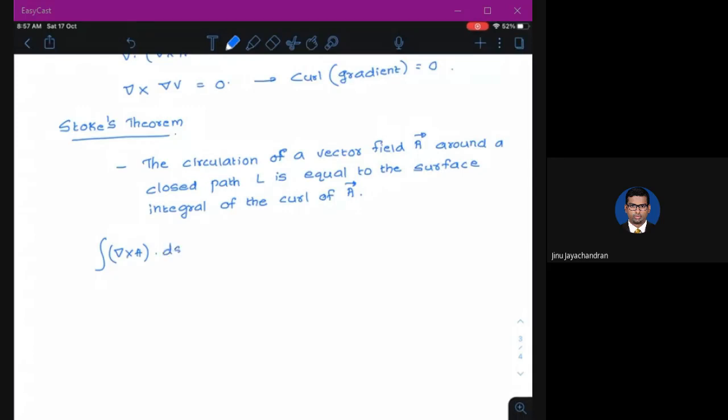So if you do the integration over the complete area, that will give you the total circulation on a surface.